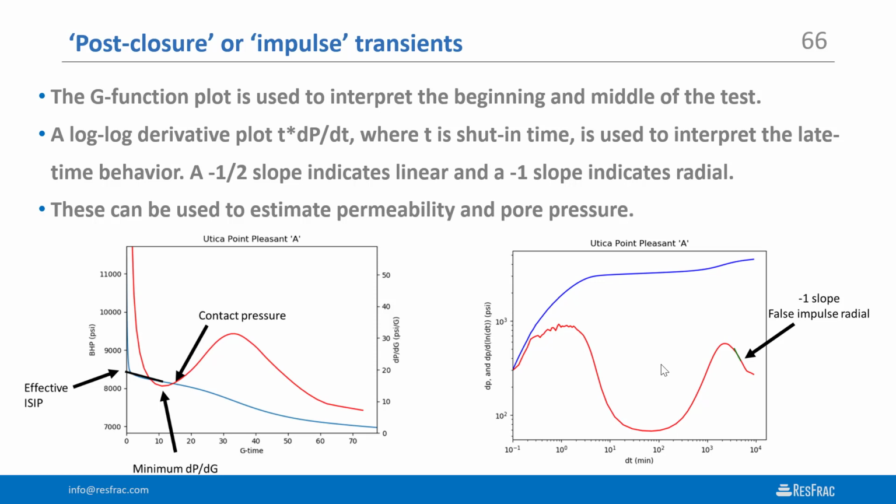So I explicitly do not recommend that you take the derivative with respect to superposition time, Horner time. I recommend you take it simply with respect to time and interpret the test in that way. If you take the derivative with respect to superposition time, it introduces kind of an extra weird bend in the curve that doesn't mean anything. It's a mathematical artifact. It just confuses people. So I don't recommend that.